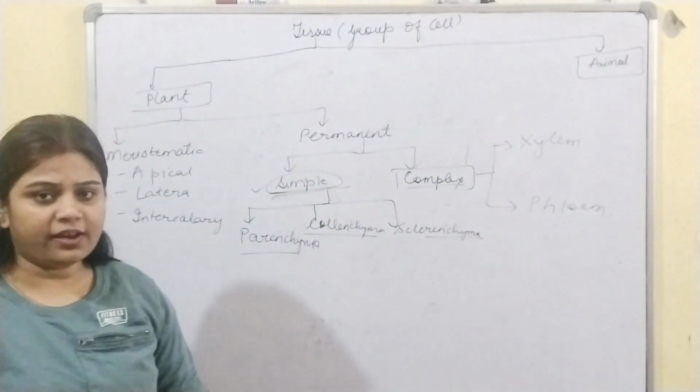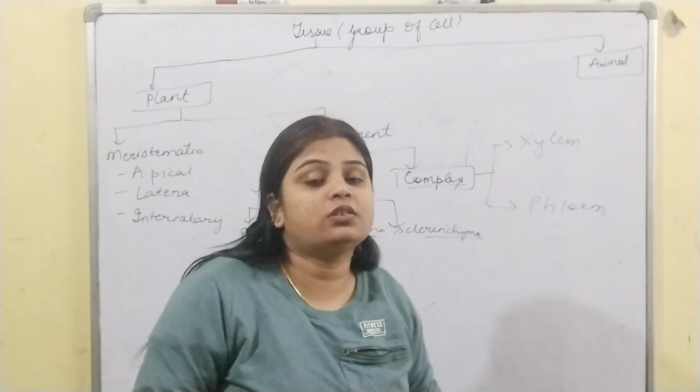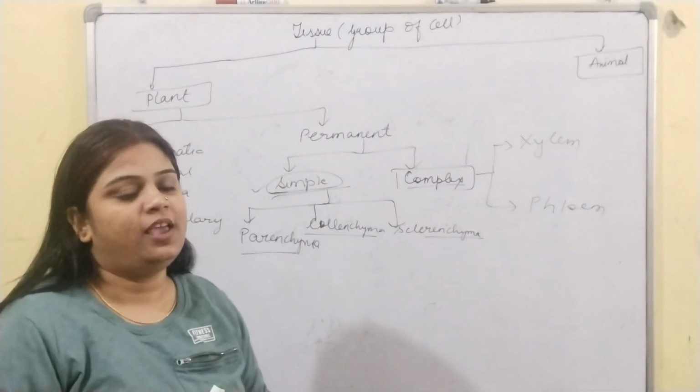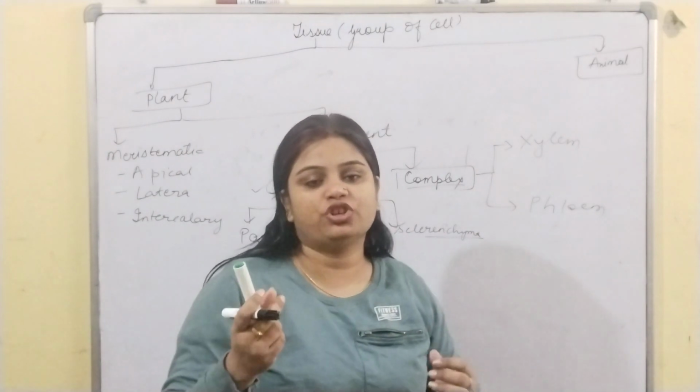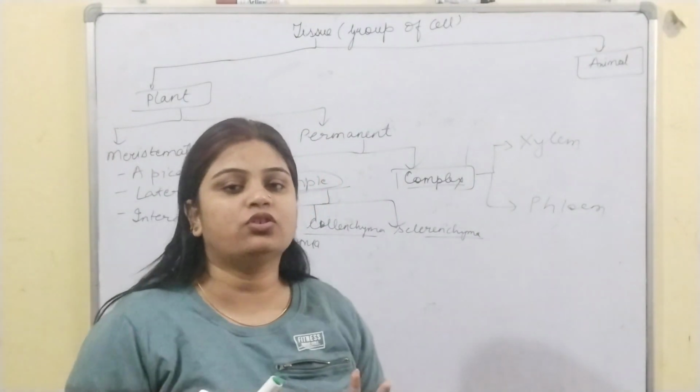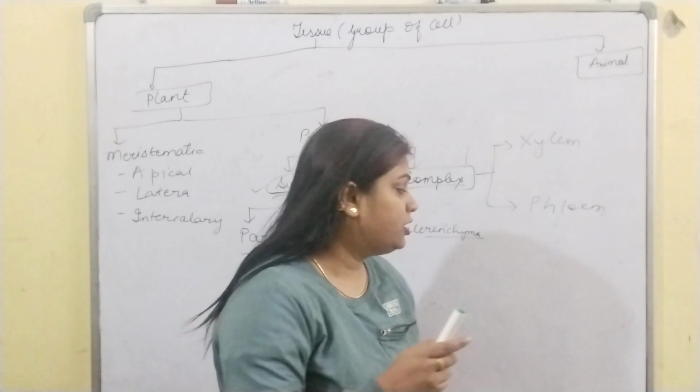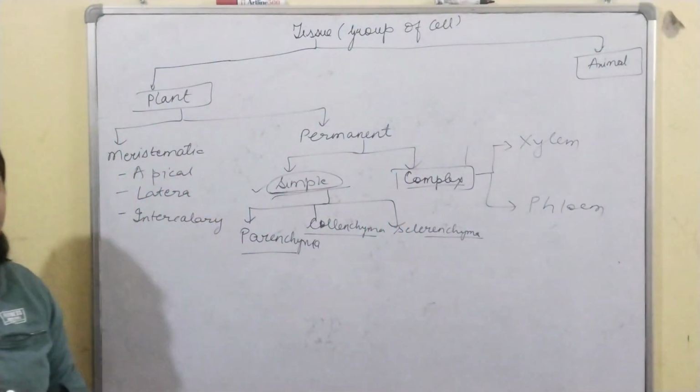Parenchyma is the very soft tissue you see in the plants. Plants are very soft, herbs are very soft. Why are they soft? Due to this type of tissue, parenchyma.